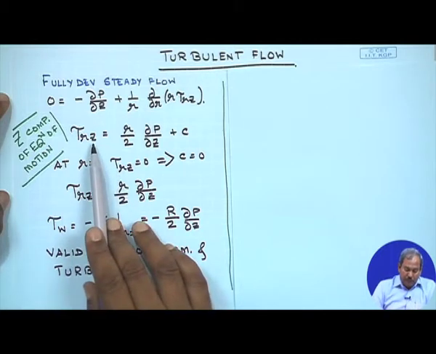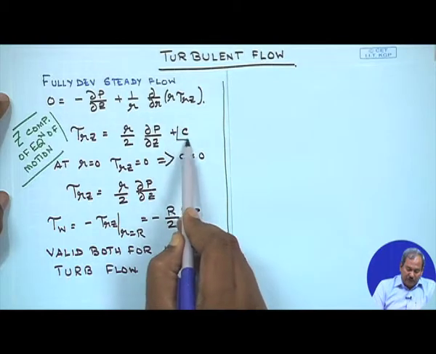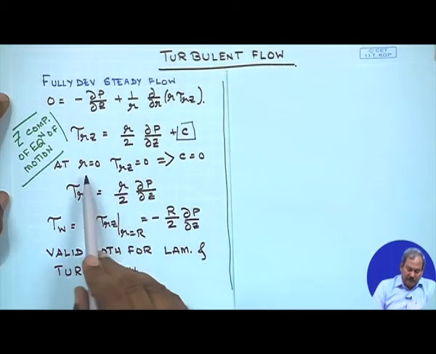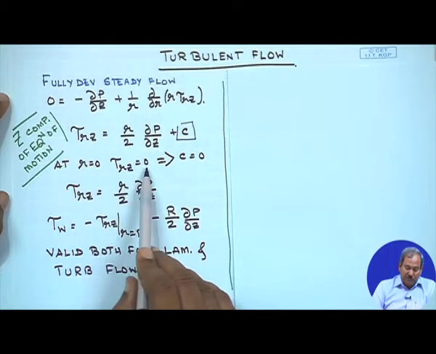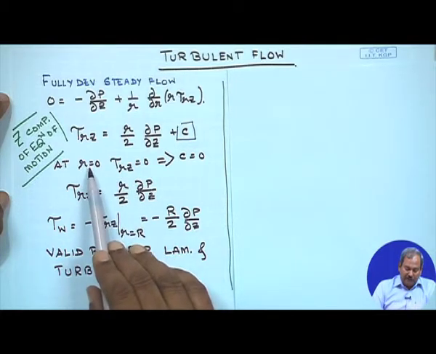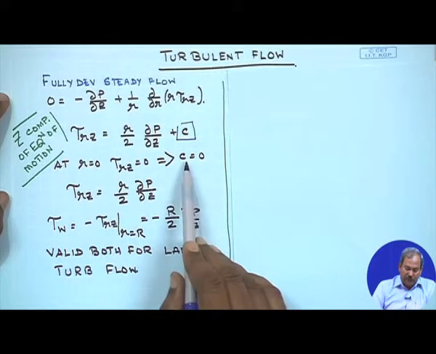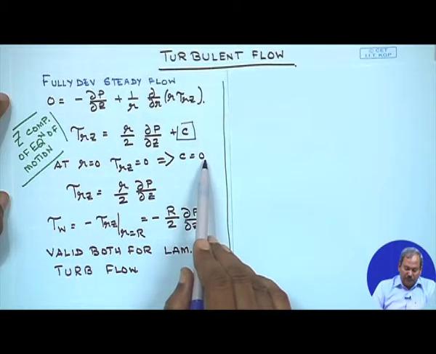One would be able to integrate this equation and obtain a constant of integration, c, and we all know that at r equals 0, at the center line, the shear stress must be equal to 0. So if the shear stress is 0 at the center line of the pipe, at r equals 0, that should give us the integration constant equal to 0.